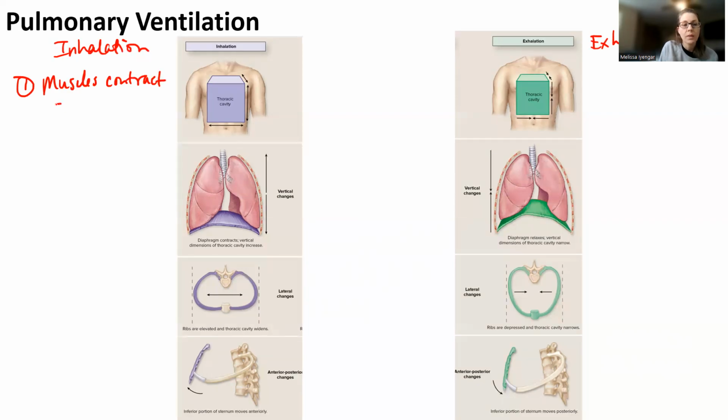The muscle that contracts is the diaphragm. It is the main respiratory muscle. What we're going to see is when the diaphragm contracts, the diaphragm flattens. So it gets pushed down.